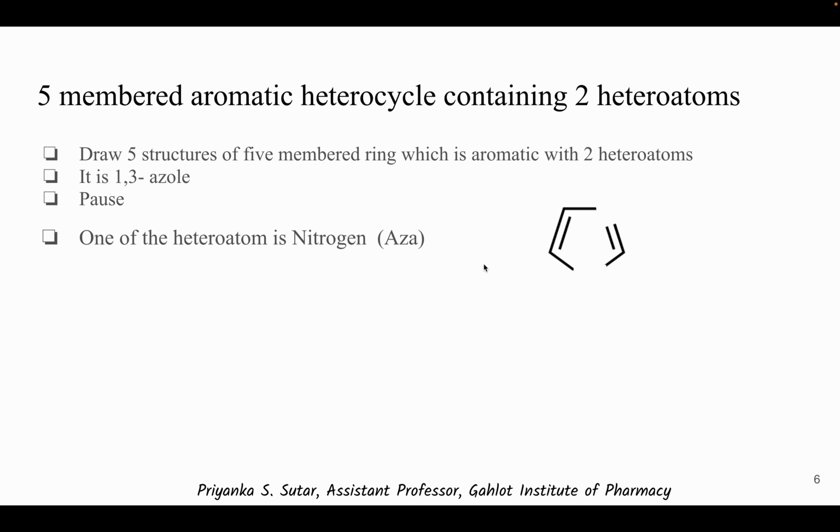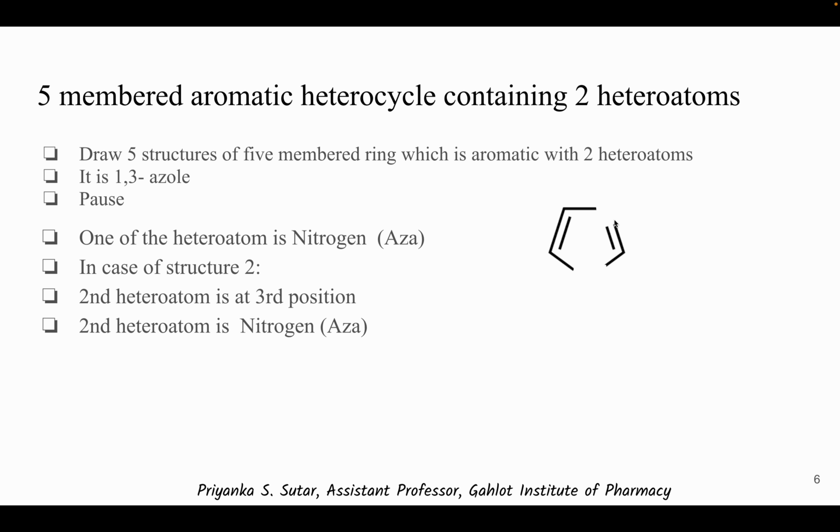As this is an azole, obviously one of the heteroatoms will be nitrogen, so you can write nitrogen over here. In the second structure, the second heteroatom is at third position, as it is 1,3-azole, and the second heteroatom is nitrogen. You can pause the video and write the structure.